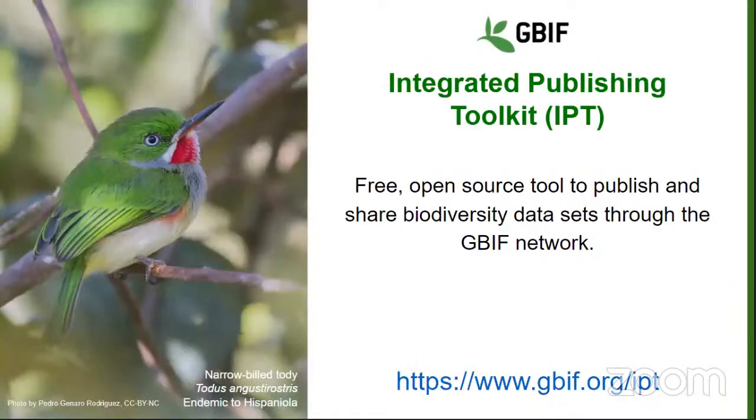So what is IPT? IPT is a free open source tool that we use to publish and share biodiversity data through the GBIF network. You can access the detailed description of the tool at the web address at the bottom of the slide.